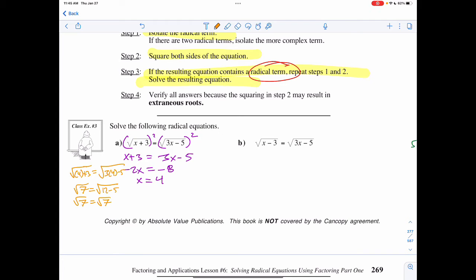Square root of 7 is equal to square root of 7. Left side is equal to the right side. And the solution absolutely works.